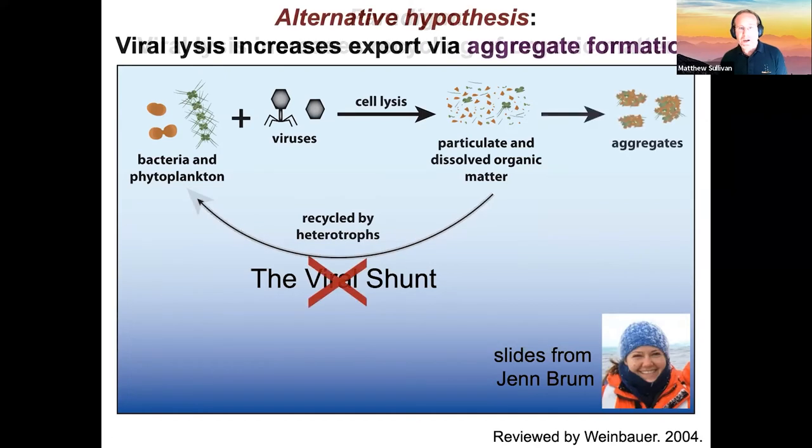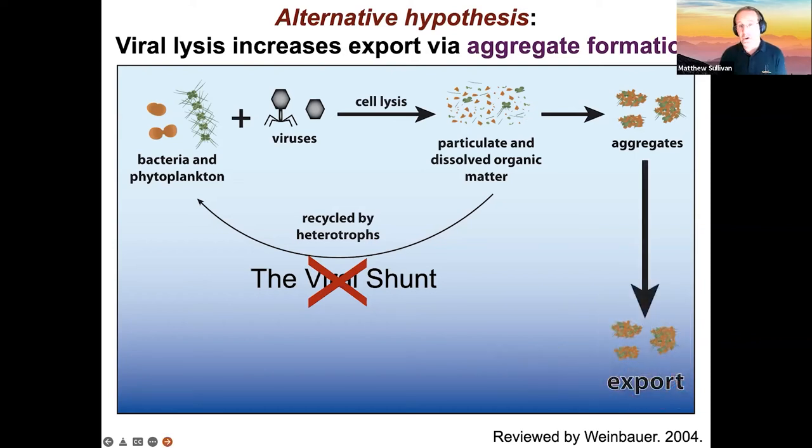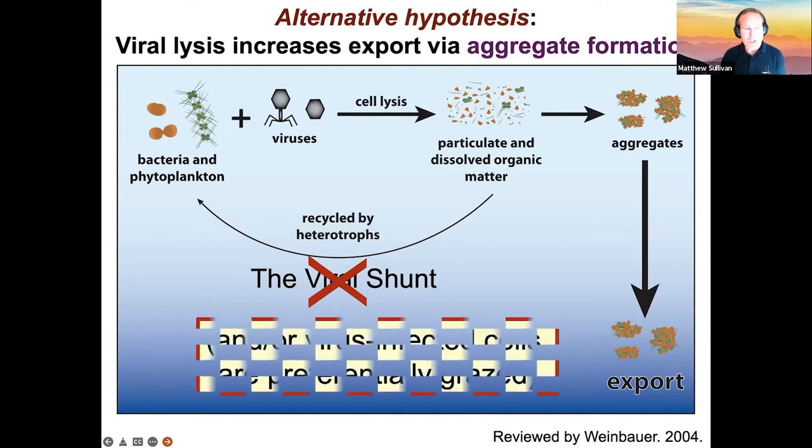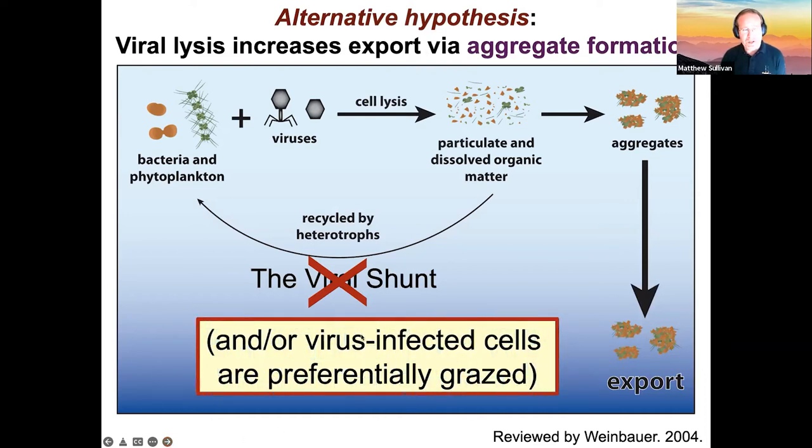But Markus Weinbauer suggested in 2004 that maybe that local process of cell lysis could also lead to really sticky, larger aggregates, which could sink out of the water column and lead to carbon or cellular export. And in other papers, there was suggestion that virus-infected cells might be preferentially grazed, which would lead to fecal matter sinking out of the water column. So these are different ways that viruses could sink or appear to sink in our sequence data sets.